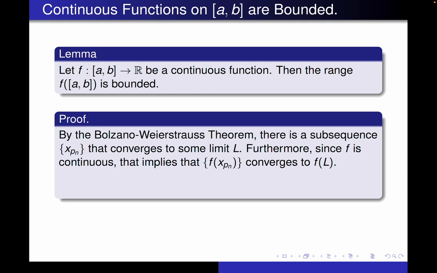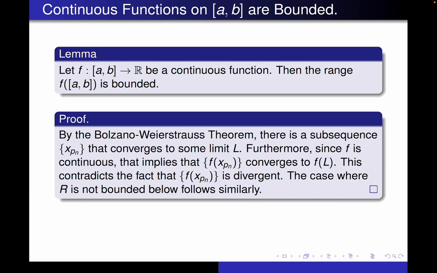That was our link between continuous functions, limits, and sequences. But we already concluded in the last slide that f of x_pn is divergent. So it can't be both divergent and converging to f of L. So that's a contradiction.